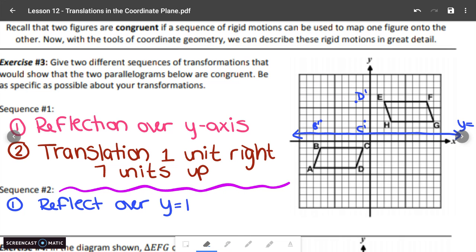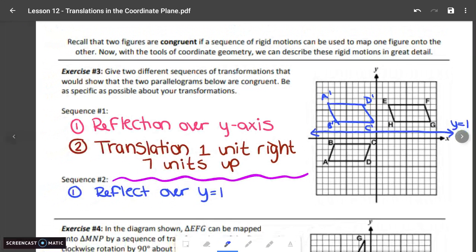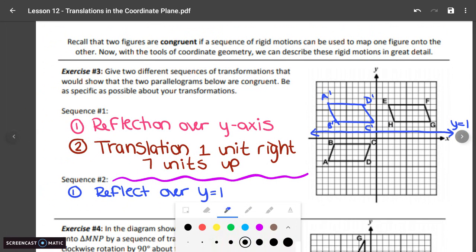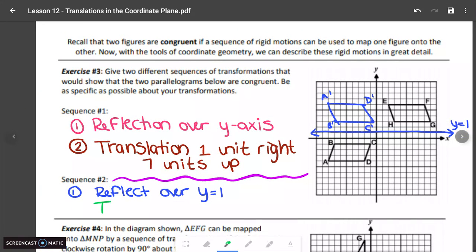Well, I put my A prime in the wrong spots. And then, only thing left for us to do is translate over 10 units.